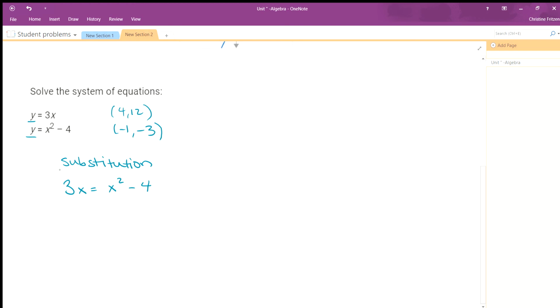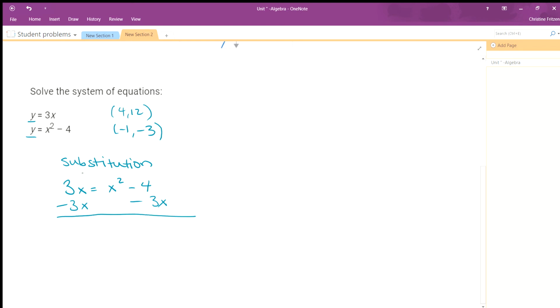And so because this is a quadratic, because we have an x squared, what we need to do is either complete the square, use the quadratic formula, or factor to see what x is going to equal when this is 0.